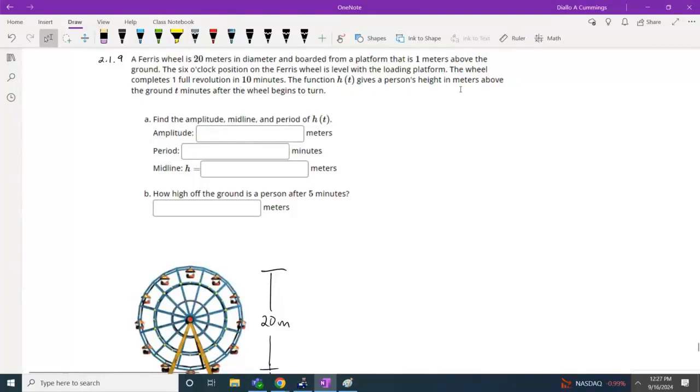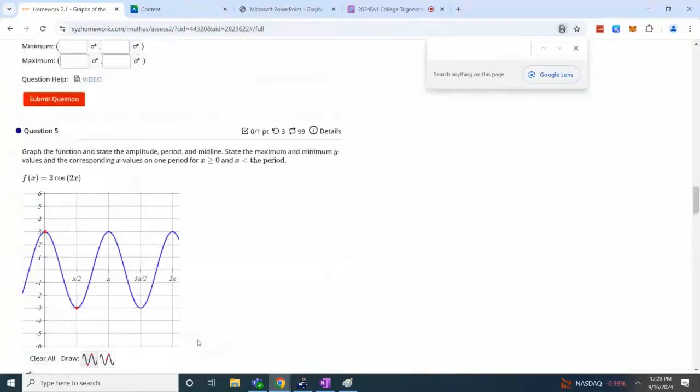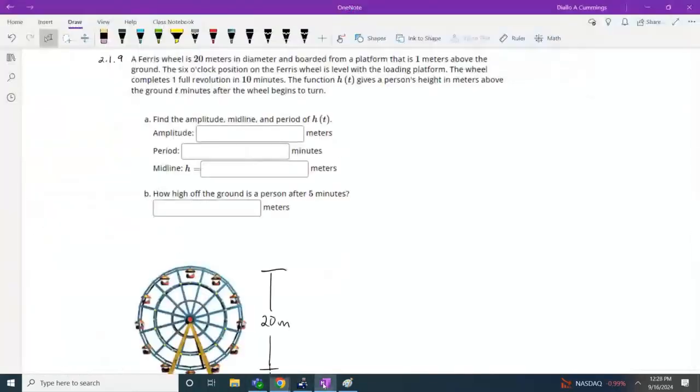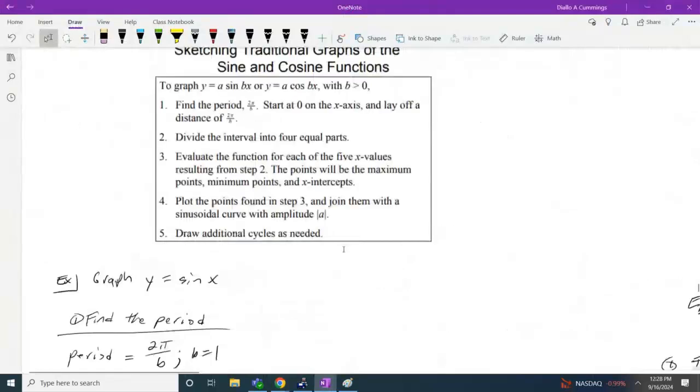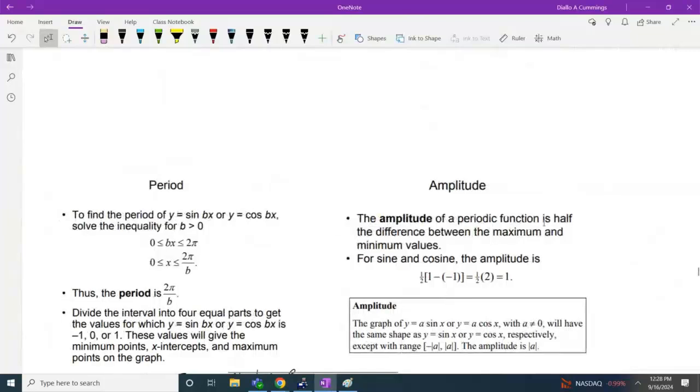The function h of t gives a person's height in meters above the ground t minutes after the wheel has begun to turn. First thing we have to do is find the amplitude. So they don't really give us a function, but remember from our definition of amplitude, it is half the difference between the maximum and the minimum values.